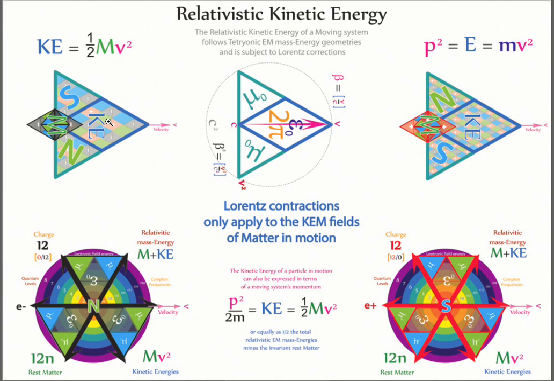This formula is relating to the KE field only, but the total energy required is the square of the velocity that's required for any given inertial mass. Again, this relates kinetic energies back to F equals ma, and it shows us the Tetronic geometries that create all of these forces and these fields.